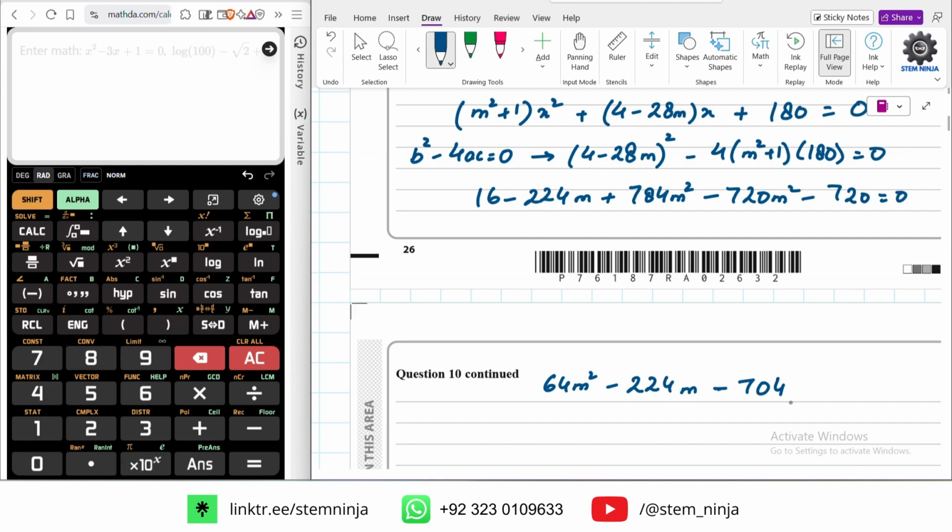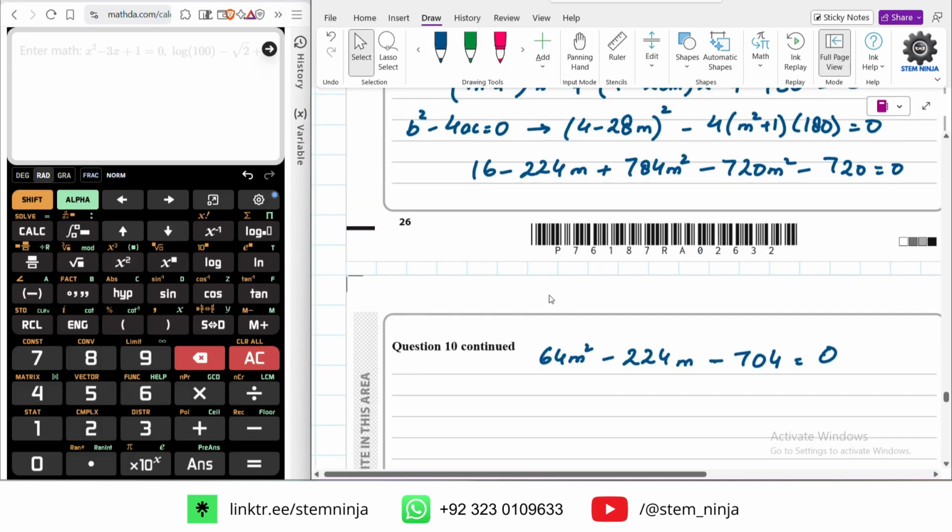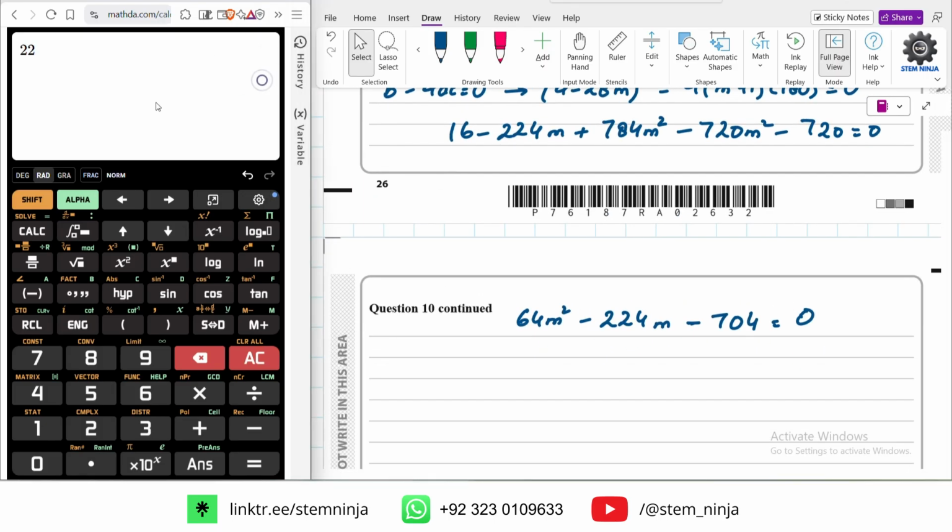I feel like we're making a mistake somewhere. Okay, anyways, is 224 divisible by 64? I want to simplify all of them at the same time.